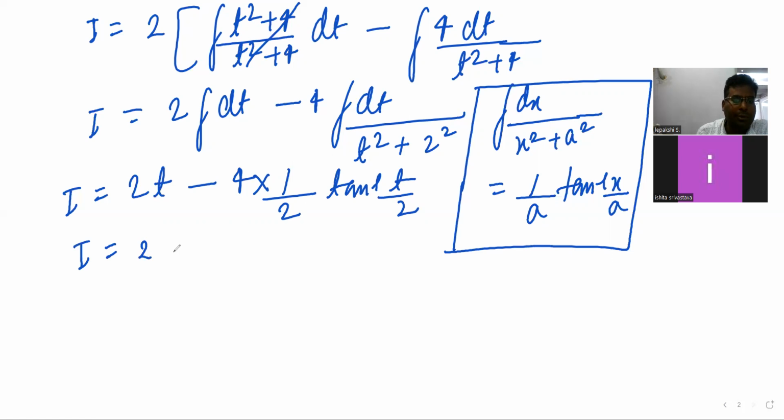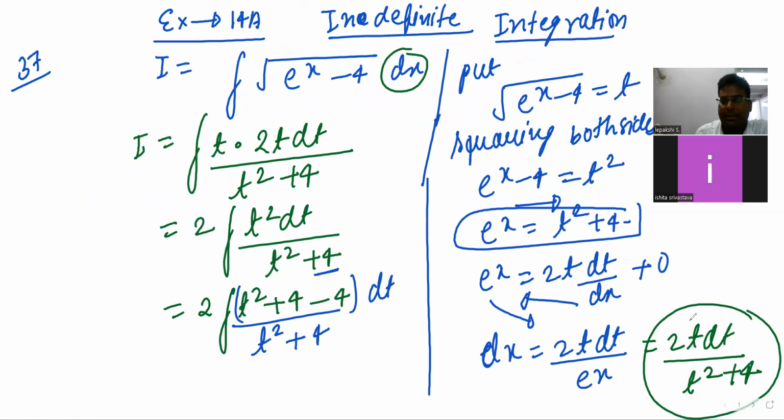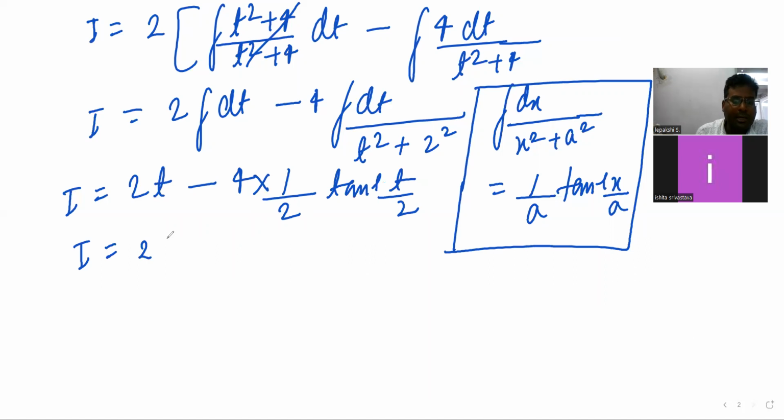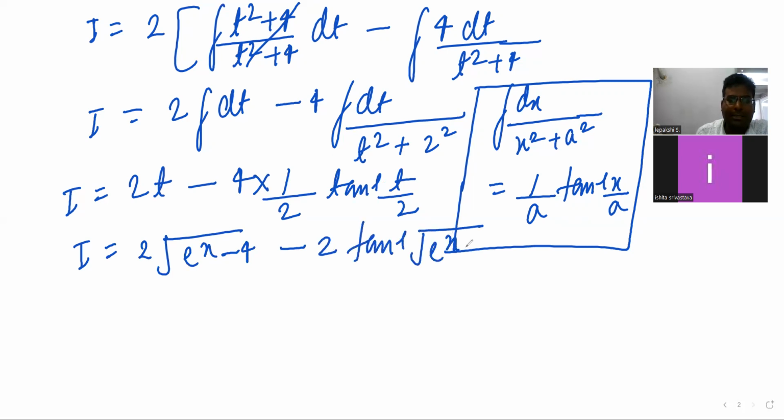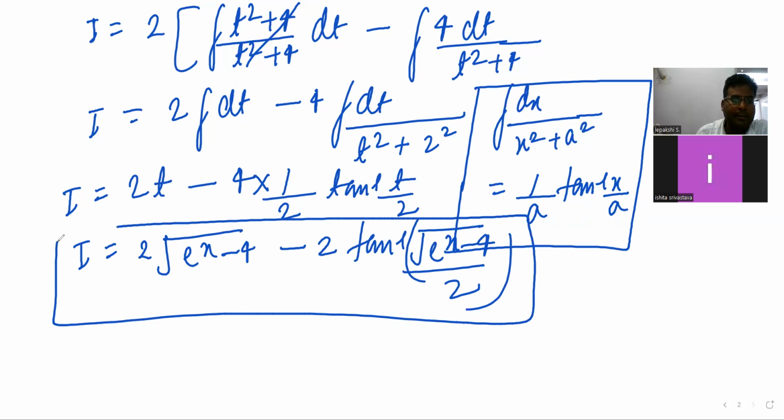So your t, you can see on the back side slide, that is under root of e raised to x minus 4, right? So this will be 2 tan inverse of under root of e raised to x minus 4 divided by 2. So this is the answer for the integration plus c.